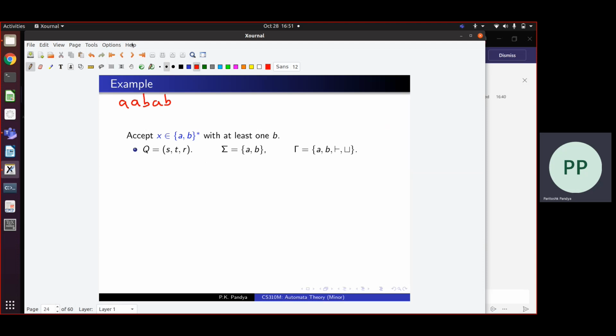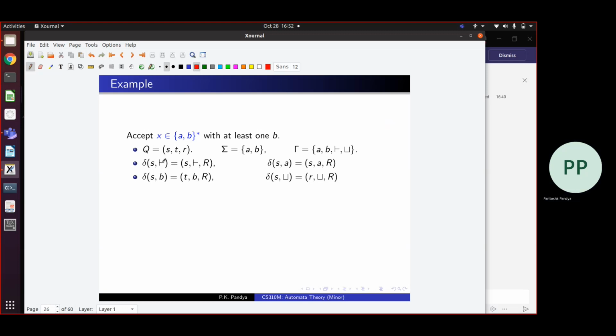Now, suppose we are trying to recognize a word which looks like A, B, A, B. Okay. So then, what are the transition rules? The transition rules are given here. It says if you are in state S and if you look at the left hand marker, you do not change, you rewrite left hand marker by left hand marker.